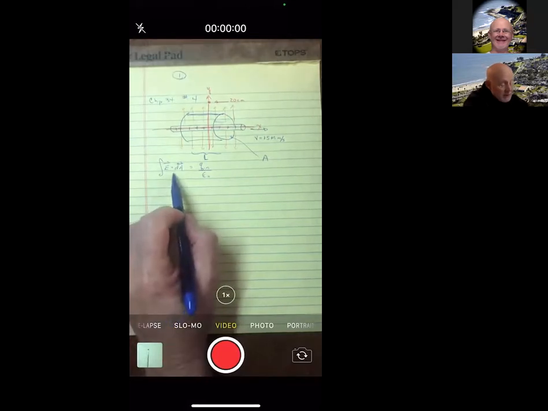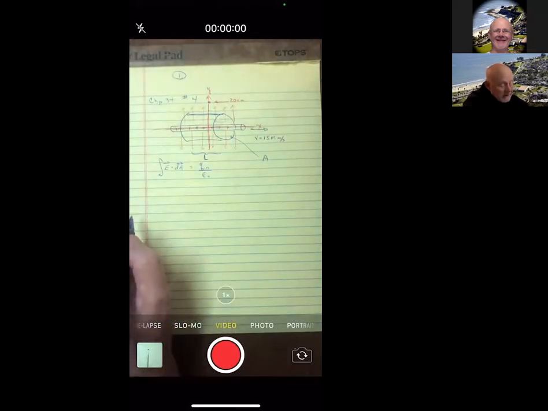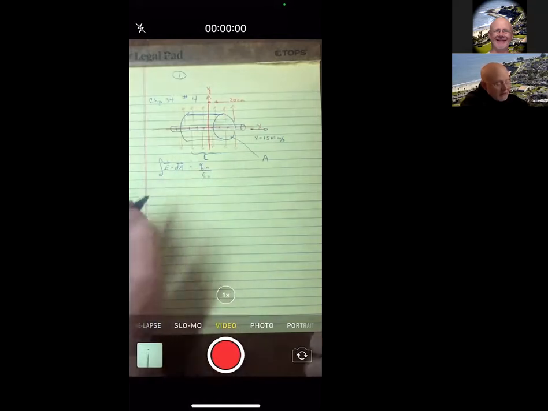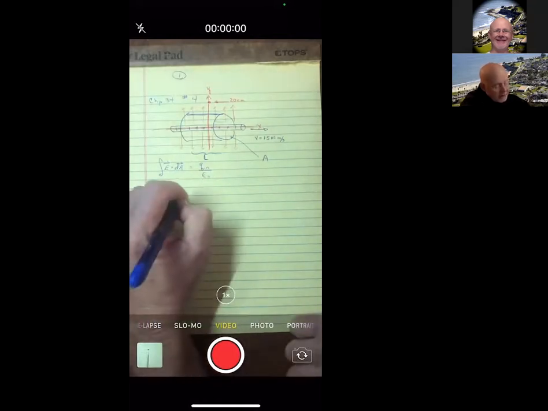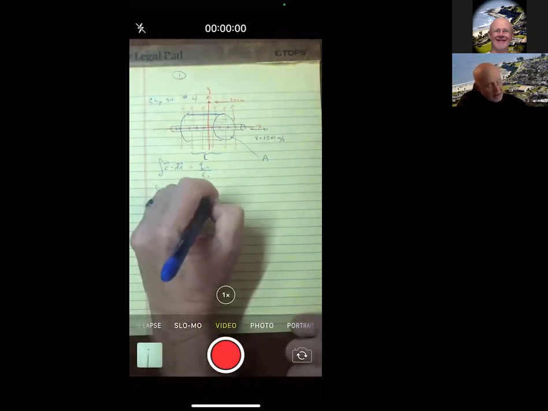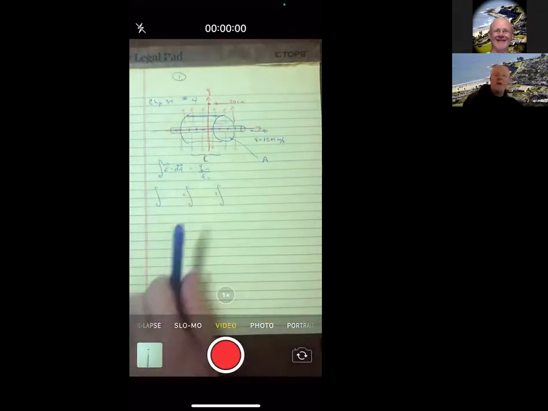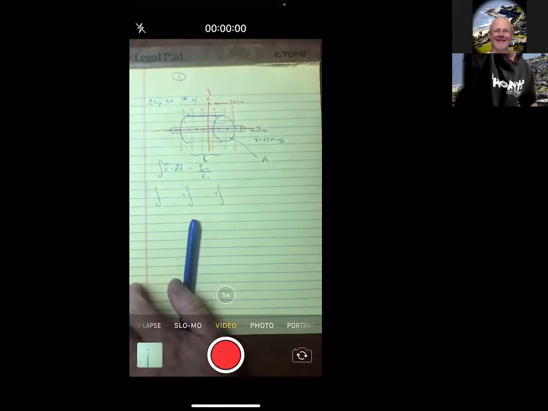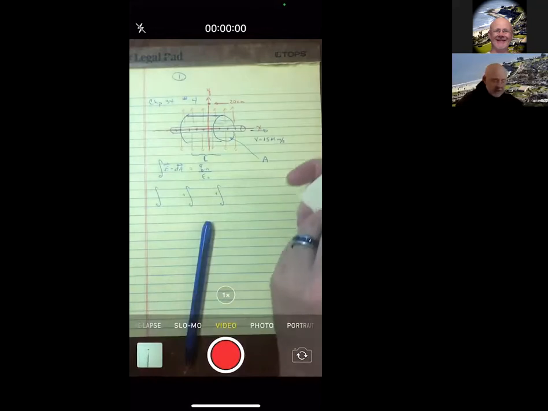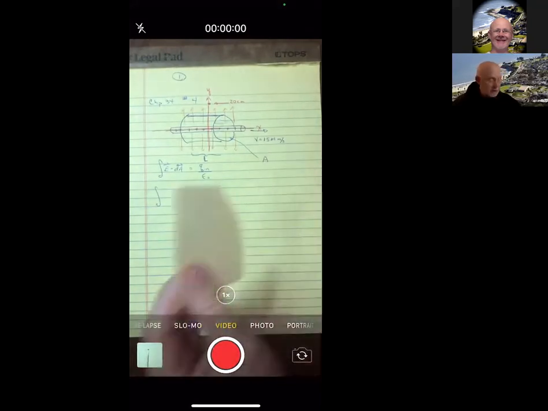And let's do the flux. Now, Gauss's law says you have to have a completely enclosed surface. And so technically, this cylinder has 3 surfaces. You remember our Gauss's law stuff. Let me grab my little sticky notes here and try to make a Gaussian surface again.